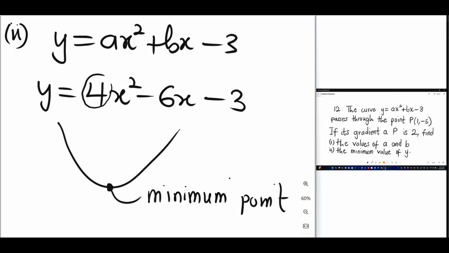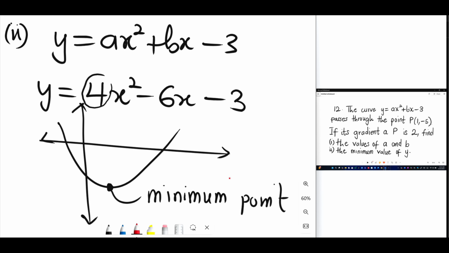So let us assume that we have our x and y axis over here like this. When you trace it to the y axis, the value that you are getting for the y becomes the minimum value.